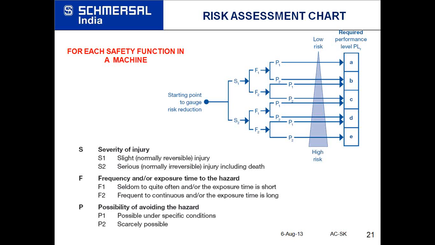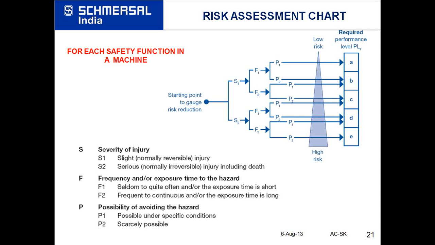So these 3 parameters, if we analyze them in the blue chart on the top right-hand side, you can see, for example, I take the severity of injury as high, that is, irreversible. So let us take irreversible injury as S2, and suppose it is possible to avoid the hazard, so let us take F1, and let us say that it is also possible to avoid the hazard, so let us take P1.